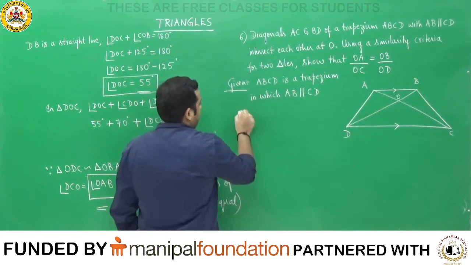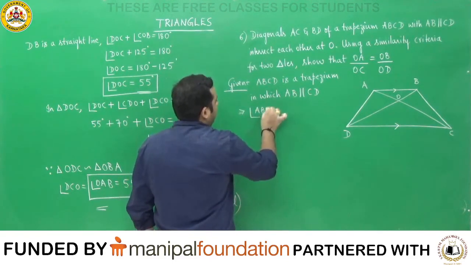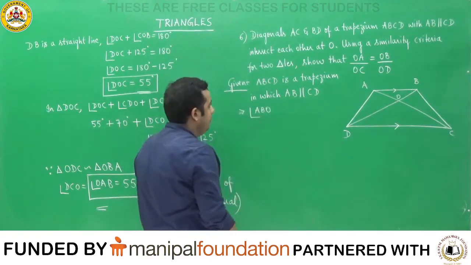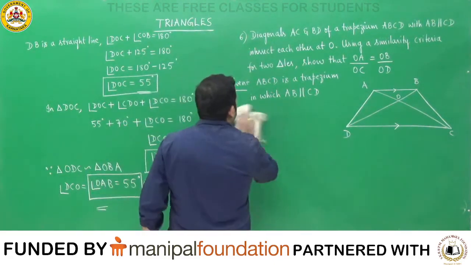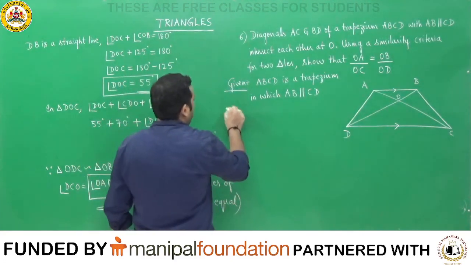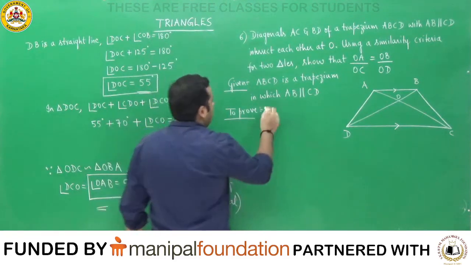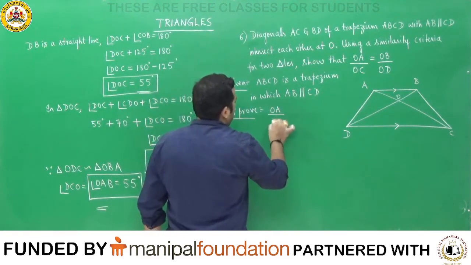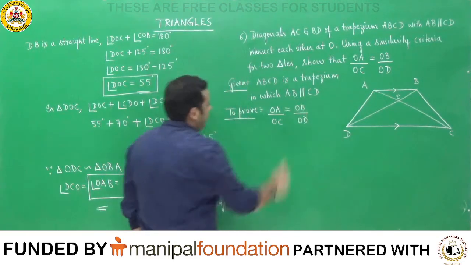Correct? We can write directly, in which AB is parallel to CD. Now, to prove, you have to prove that OA divided by OC is equal to OB divided by OD. Is it okay?